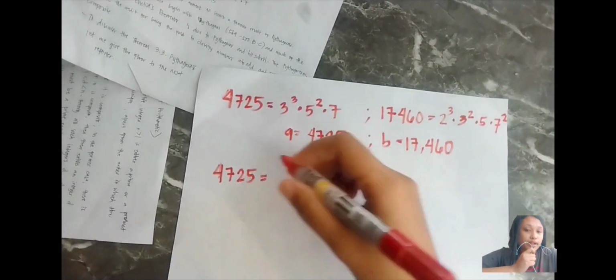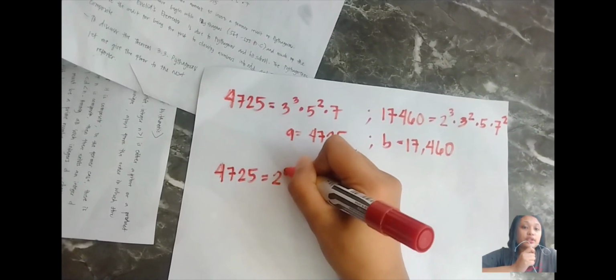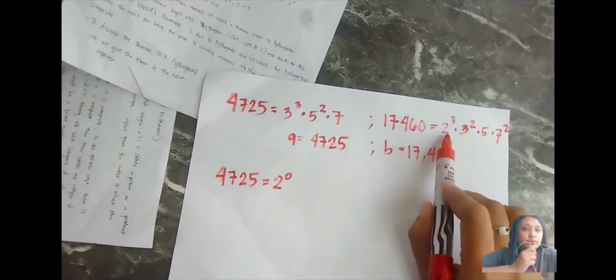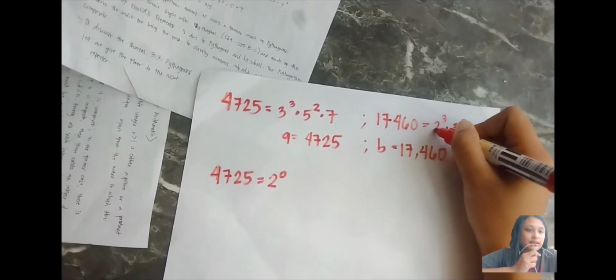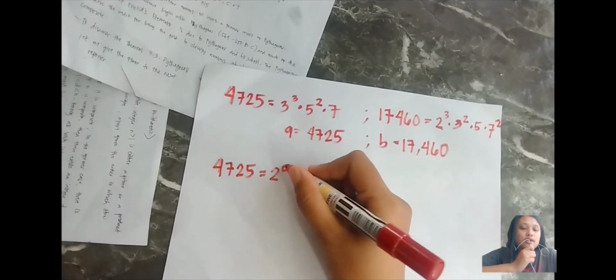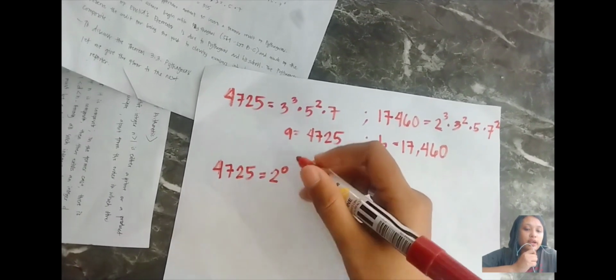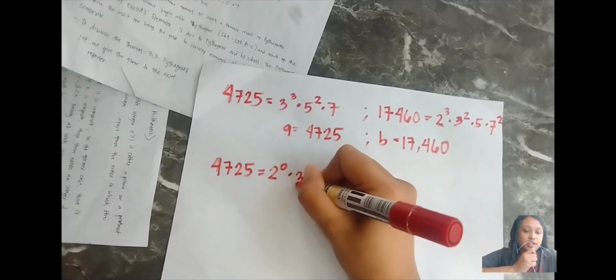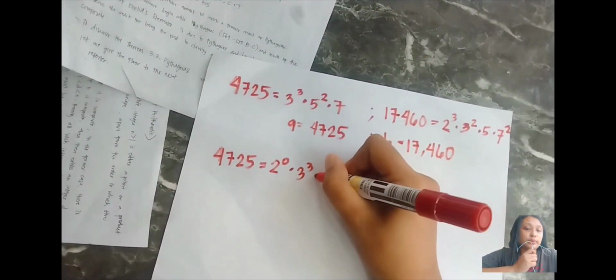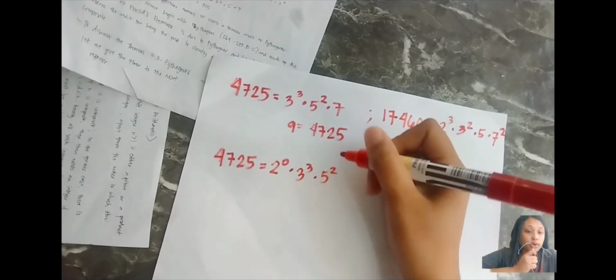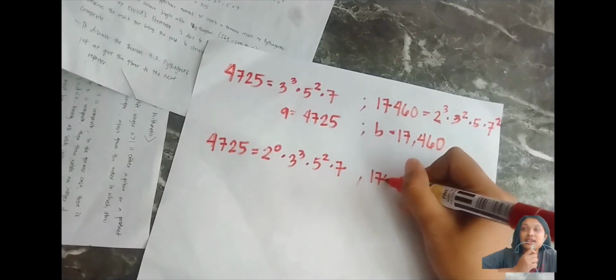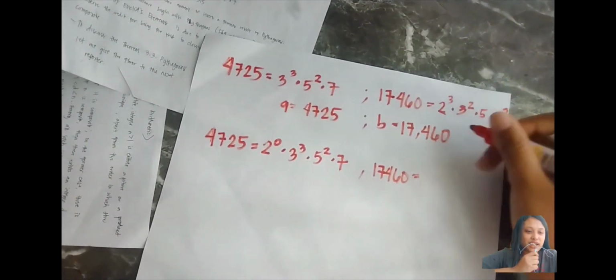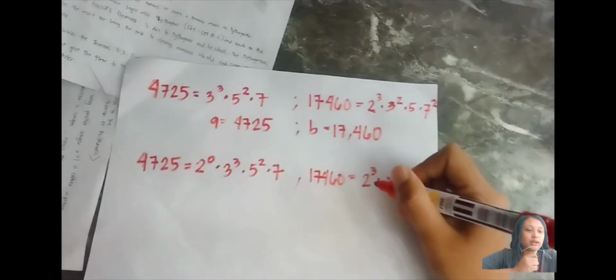Again, by allowing zero exponents, we have to write 2 here because it is present in b. So we have to make it balance. So 4,725 equals 2 raised to the power of 0 times 3 raised to the power of 3 times 5 squared times 7. And 17,460 equals 2 raised to the power of 3 times 3 to the power of 2 times 5 times 7 squared.